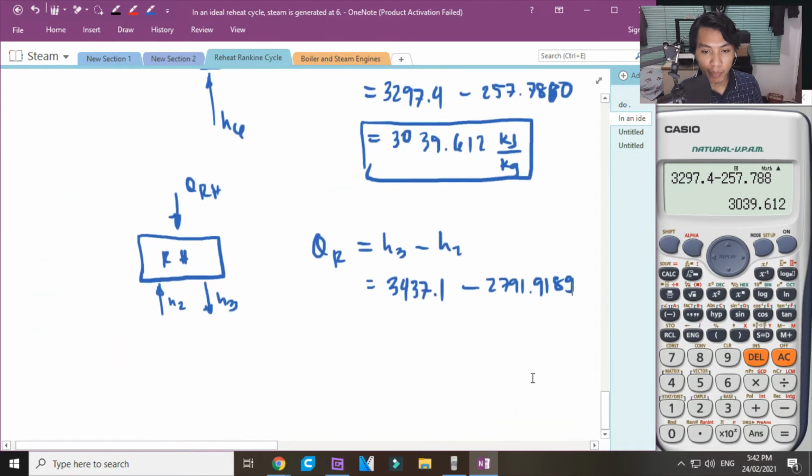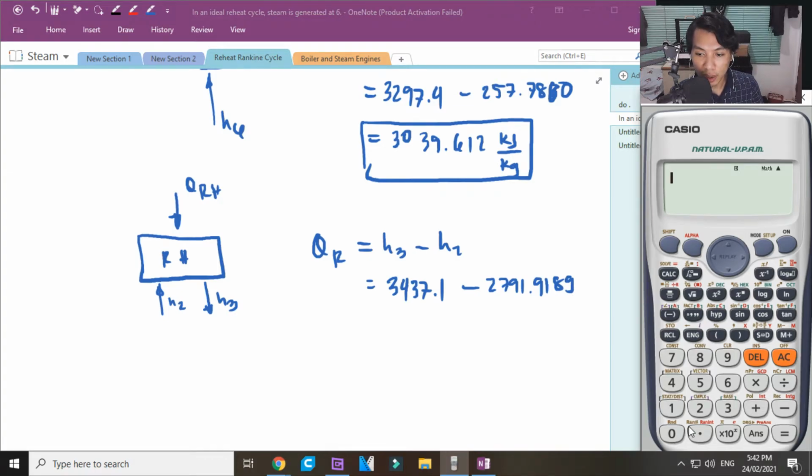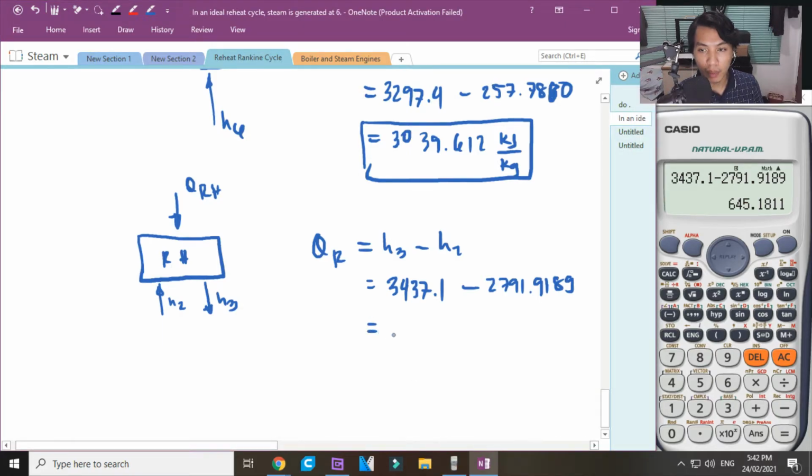Let's solve. 3437.1 minus 2791.9189, and the answer will be 645.1881 kilojoules per kilogram. That is for the reheater, QRH.